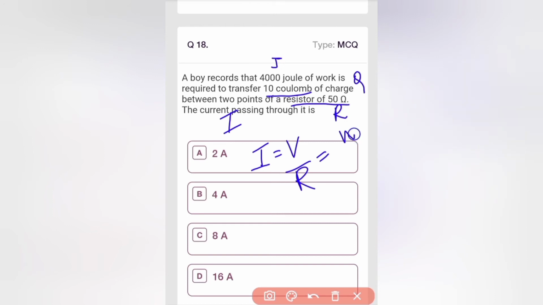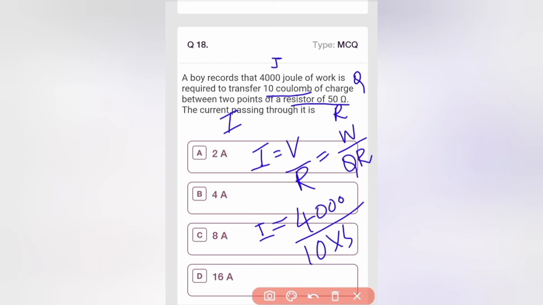V is equal to W by Q. So we can write I is equal to W by Q into R. W is 4000, divided by Q which is 10 coulomb into R which is 50 ohm. We cancel the zeros, so 40 divided by 5 is 8. So the answer is 8 amps.